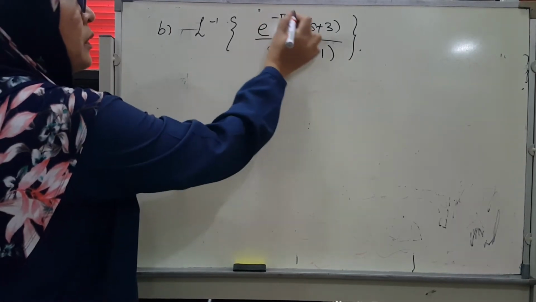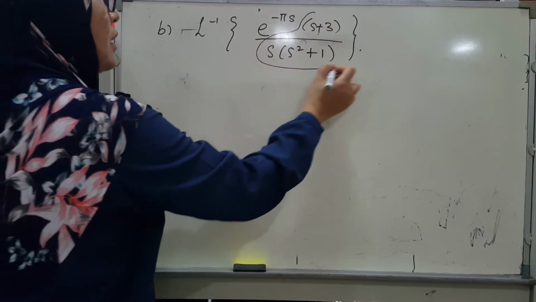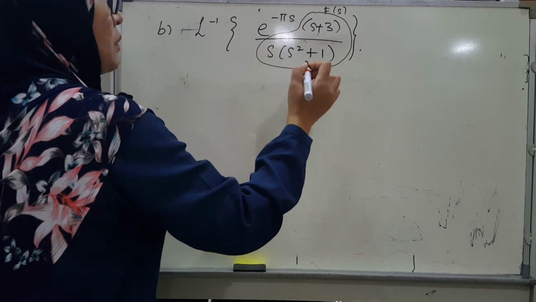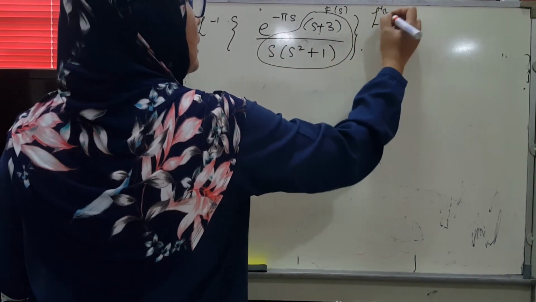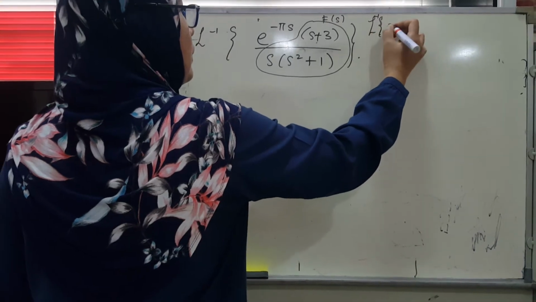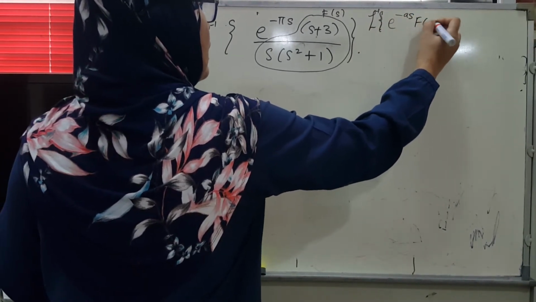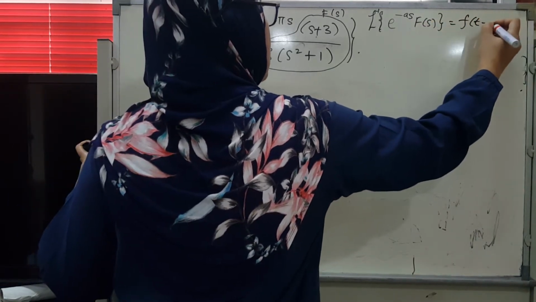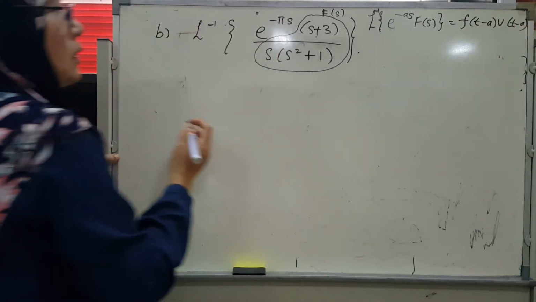Again, we have an exponent over here. So this is our F(s). What is our property? When we have e to the negative as F(s), we have f(t minus a) u(t minus a).